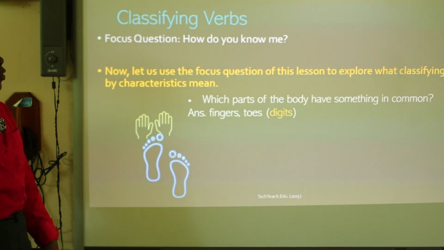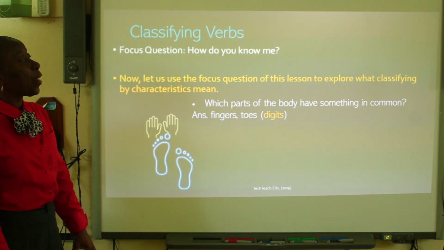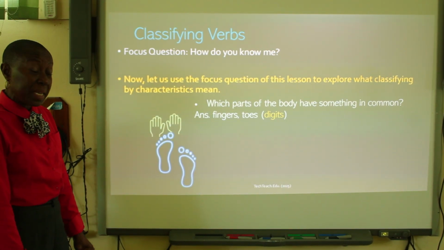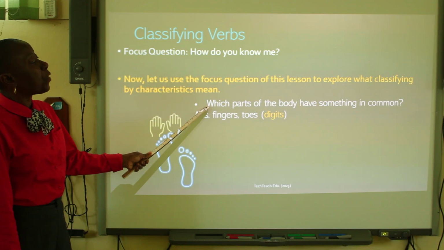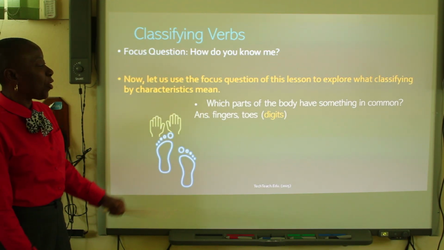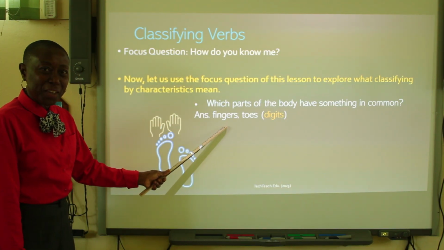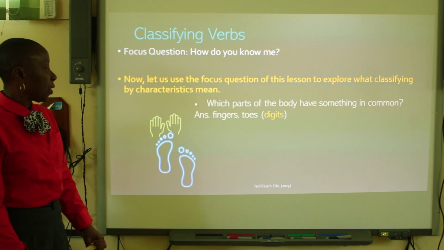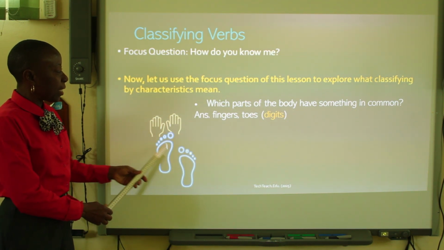Now let us use a focus question of how do you know me in this lesson to explore what classifying by characteristics means. For example, which parts of the body have something in common? The toes and the fingers. We also call those digits. So we see we have 10 fingers and 10 toes.